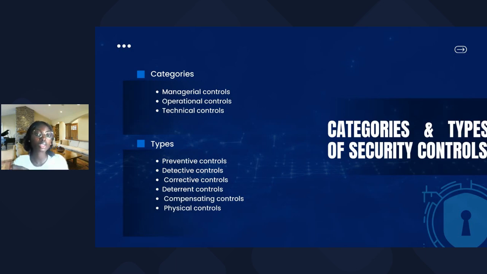Or you'd have a particular security control that is managerial but also falls under preventive, so you call it preventive managerial control. So they combine, and with time you get to understand how these different security controls combine with each other.